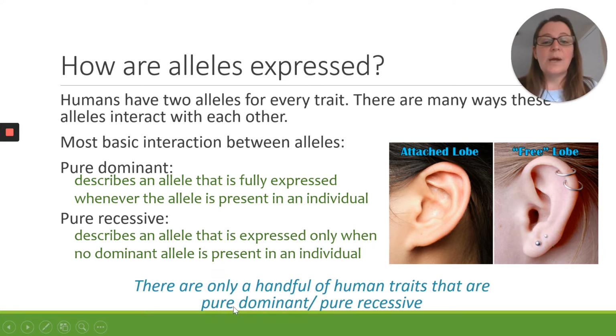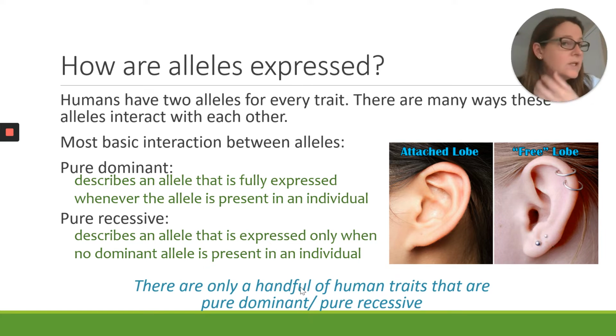And just so you know, I put this little note down here. I think there's only like 12 to 15 or 18 human traits that are actually pure dominant and pure recessive. The rest of them are way more complicated than that. One of those traits is whether you have attached or free earlobes.